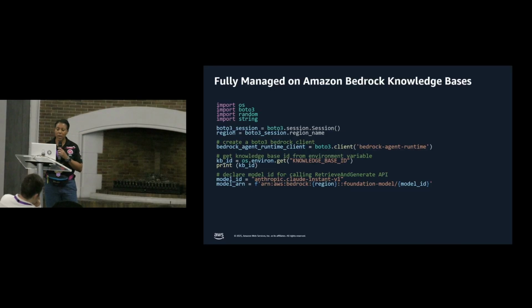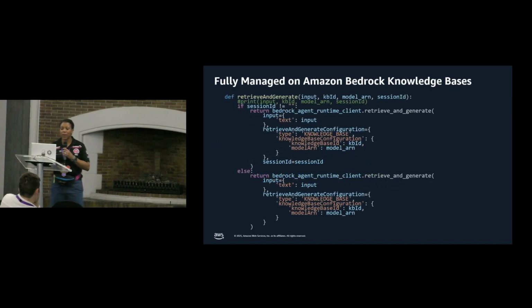So that was the first part of my code when I was building using RAG, the fully managed option on AWS. So I did that, and then the next thing that I did was to have all the setup so that I can start calling the retrieve and generate API on Amazon Bedrock to start building my agent. So that is all the code that I had.